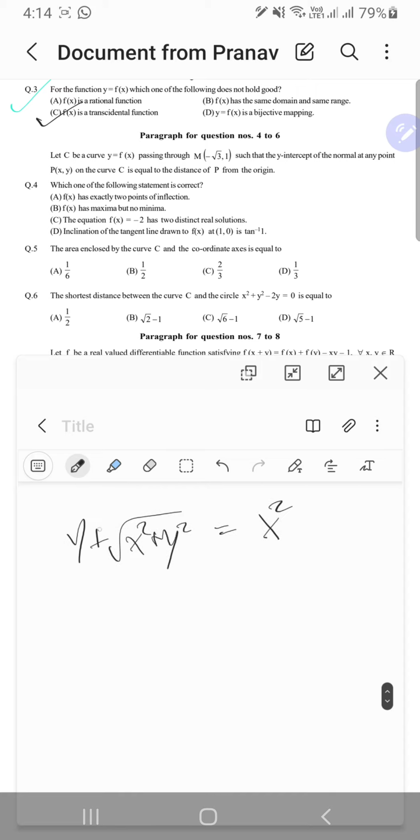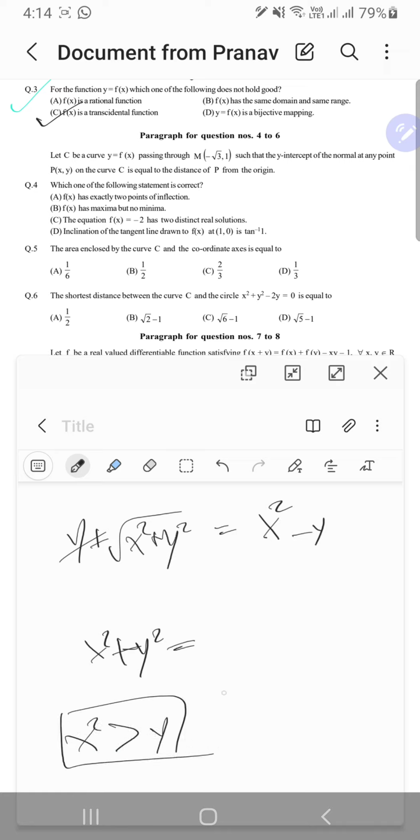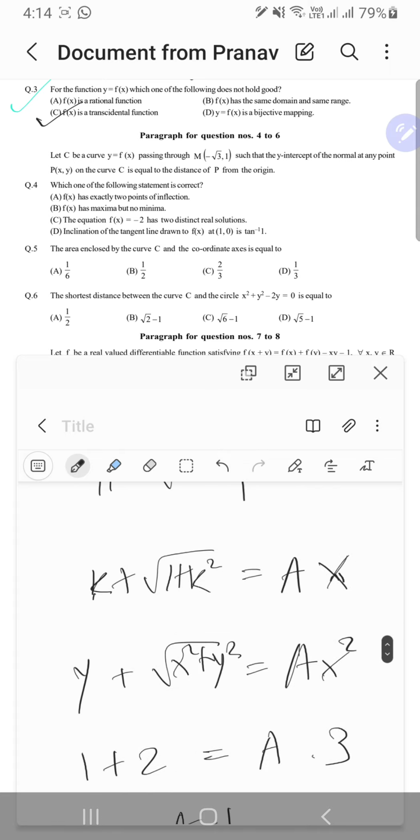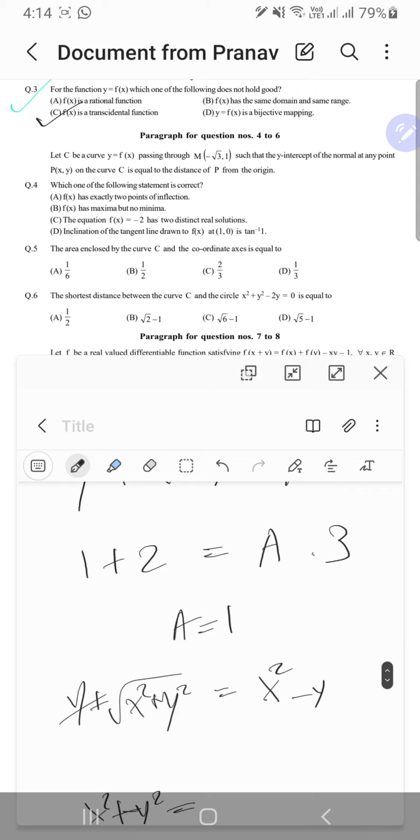Send that over there. So it's going to be x squared plus y squared equal to squaring this, right? Squaring this, first of all, you just have x squared bigger than y. That's another important thing. Of course, it could also be negative over there, but let's not talk about this.